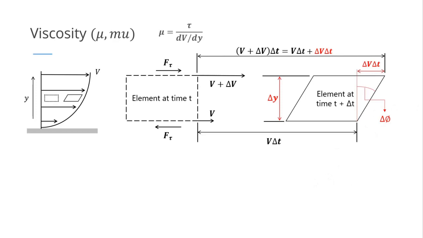Now, isolating the triangle with interior angle delta phi, we may express the change in angle to be the ratio of change in opposite side over change in adjacent side, wherein the opposite side is the distance delta v times delta t, and the adjacent is the distance between the two layers equal to delta y.